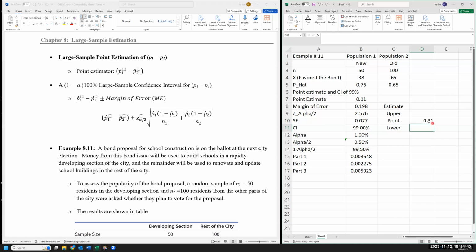Remember, these are the proportions or percent, and it probably looks nicer as percentages. The upper is point plus the margin of error. Lower is point minus the margin of error.